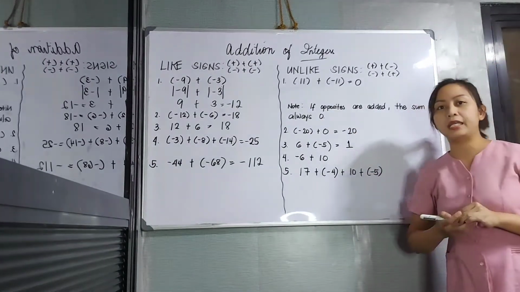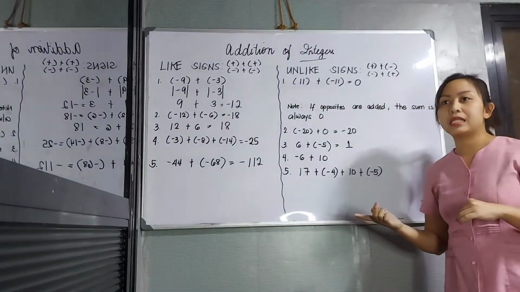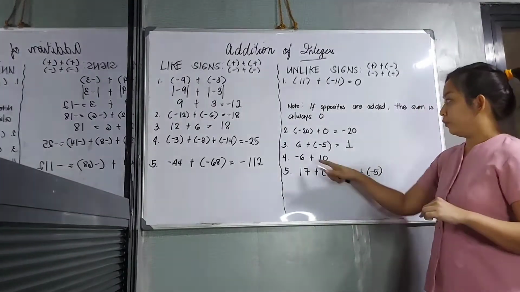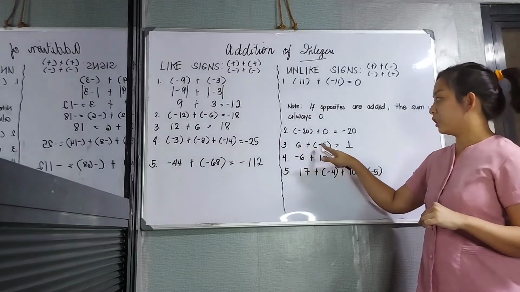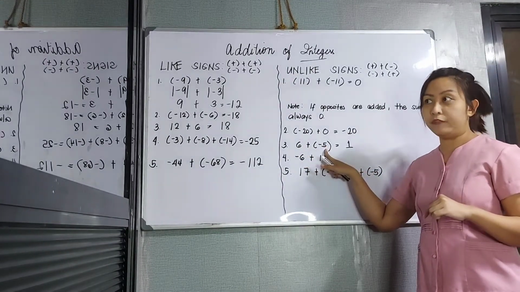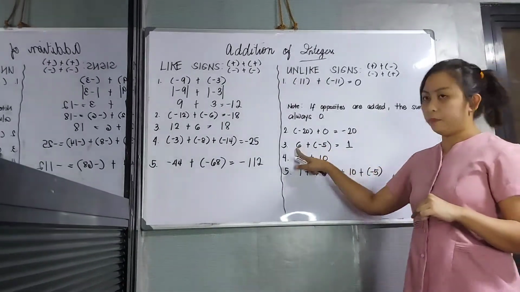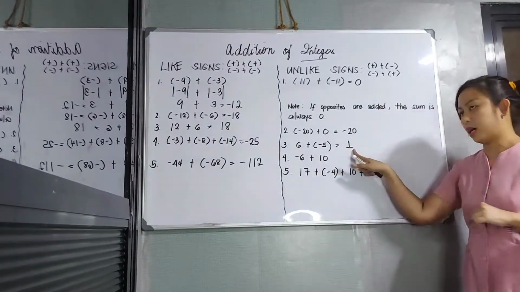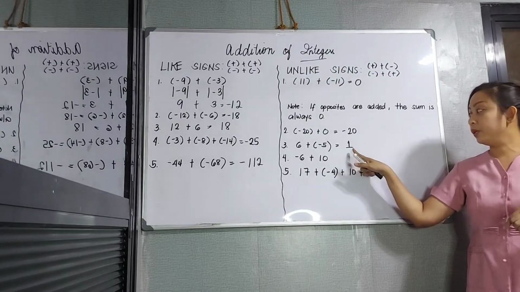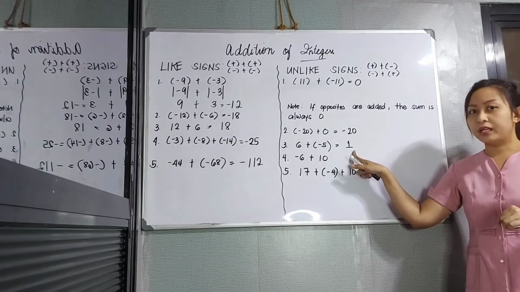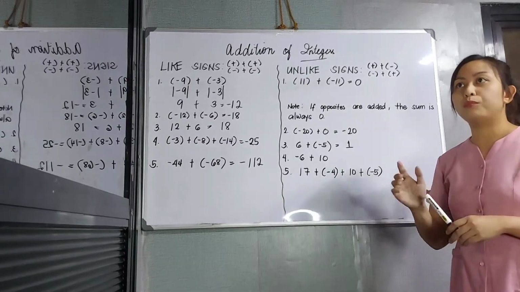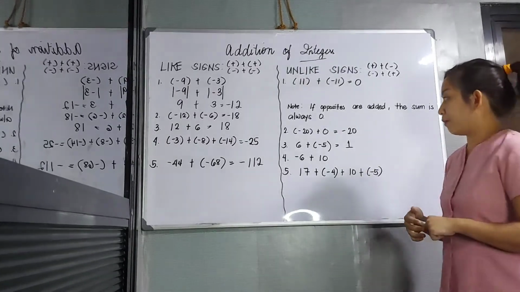Now, for the sign, we will copy the sign of the integer with greater value. For this, 6 is greater than 5. Therefore, we are going to copy the sign of 6, which is positive. That's why our answer will be positive 1. Okay? Again, we subtract the numbers, then copy the sign ng mas mataas na number.